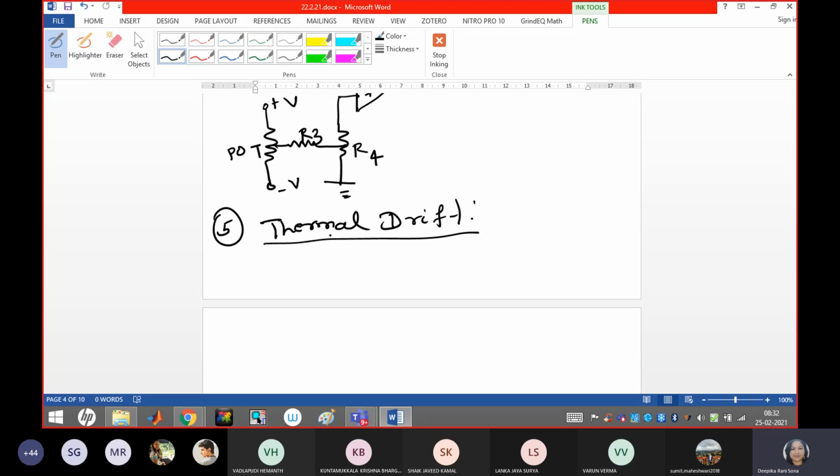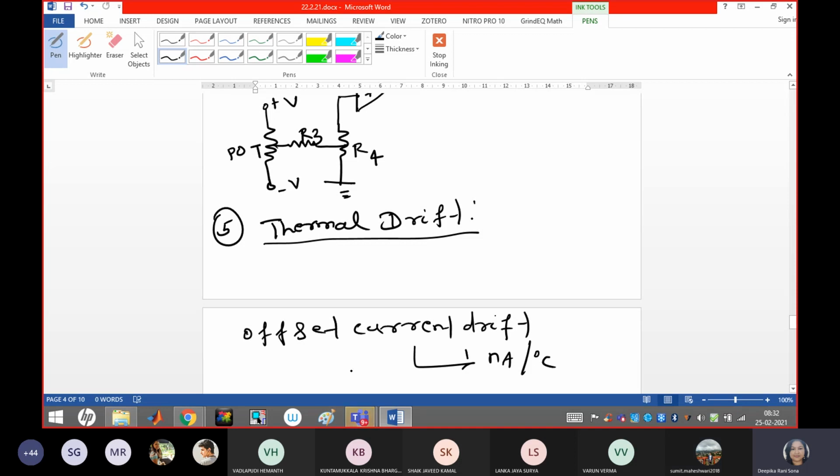No. That is another perspective of thermal drifting. So just write down, offset current drift is represented in nanoampere per degree centigrade.